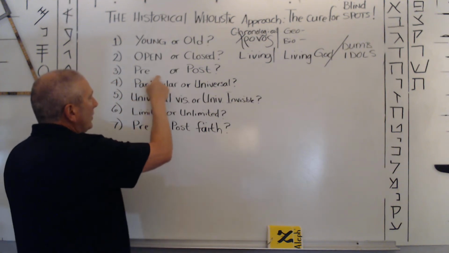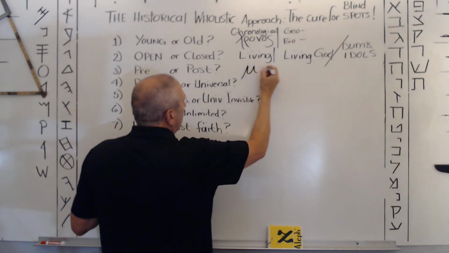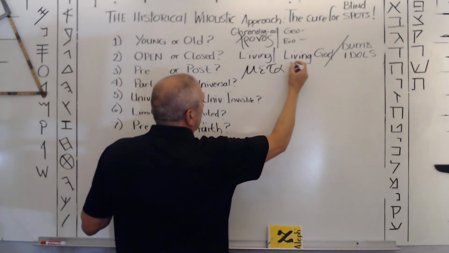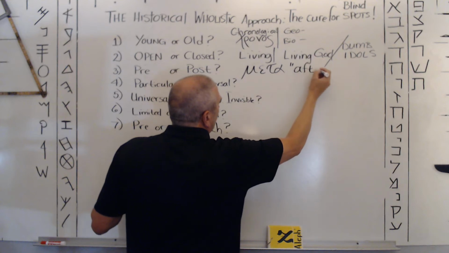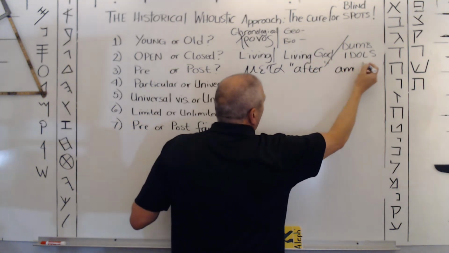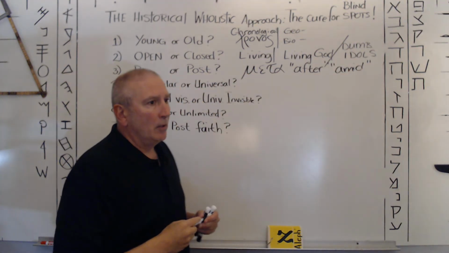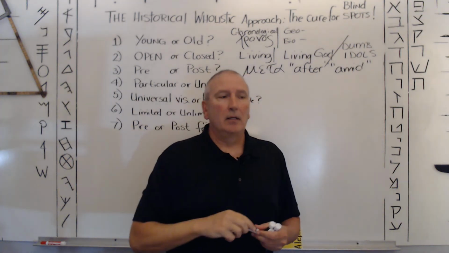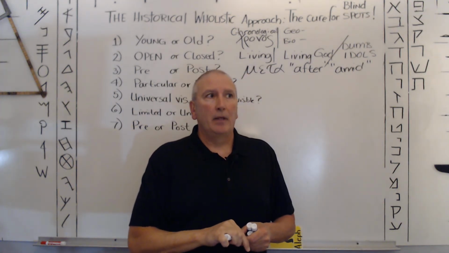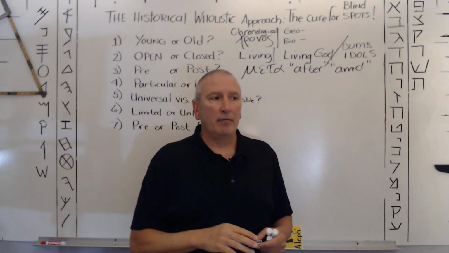This pre or post, as we learn about tribulation, you all remember the word meta, translated in English as after. So when you looked that up, you all found out it was amid. And when you went back, you noticed whether it was Lot's escape, which was in the midst of that destruction of Sodom, or Noah entering the ark just days before the cataclysm, the flood.